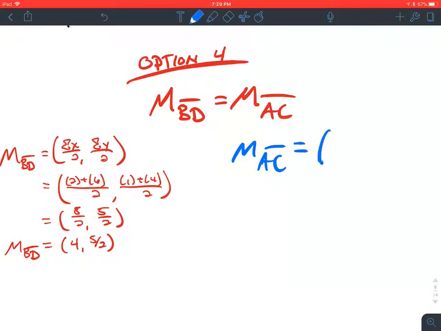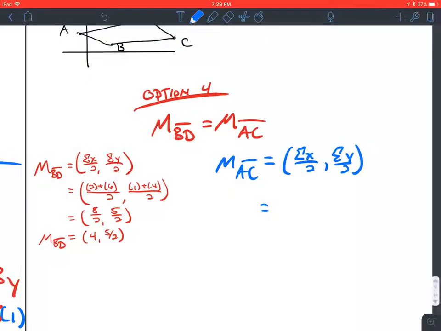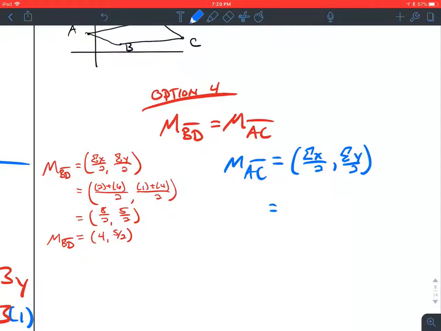So the midpoint of segment AC. I'm going to sum the x values divided by 2. I'm going to sum the y values divided by 2. The x values for segment AC are -1 and 9.